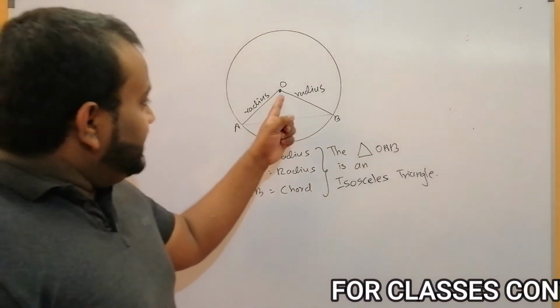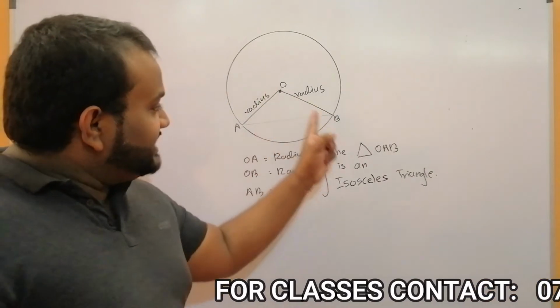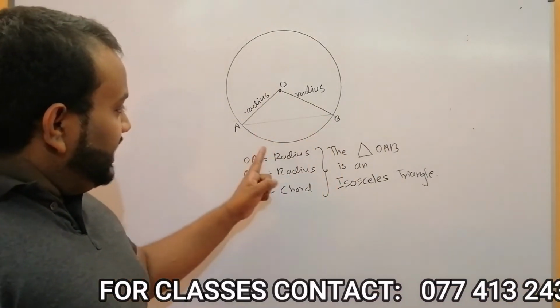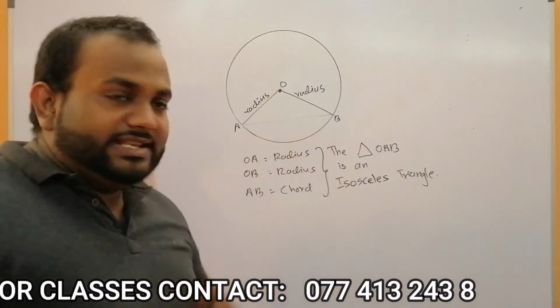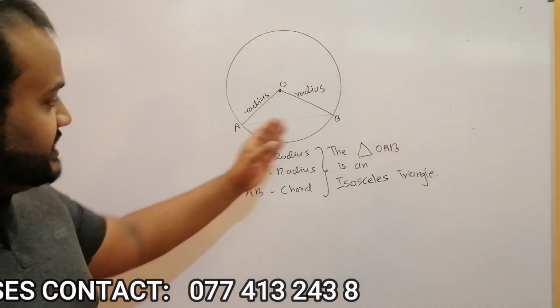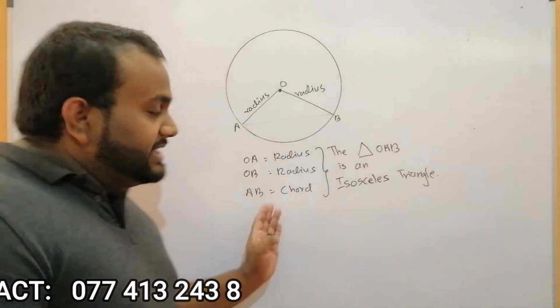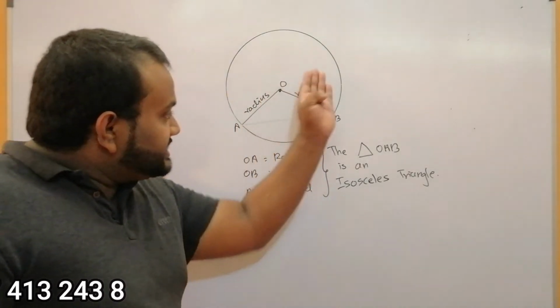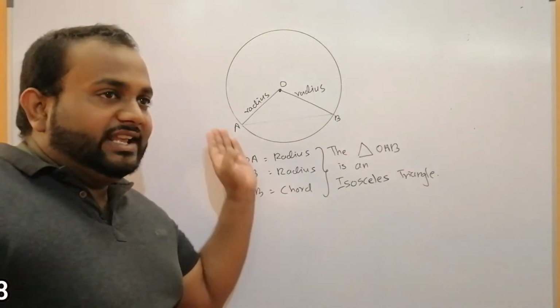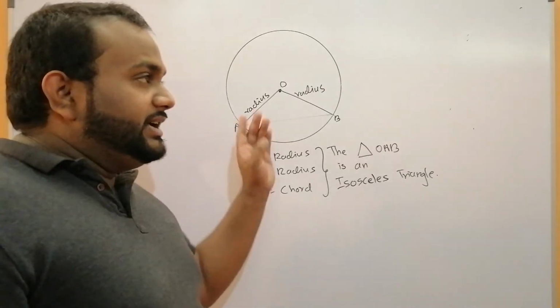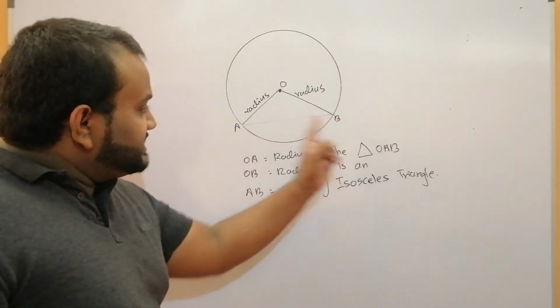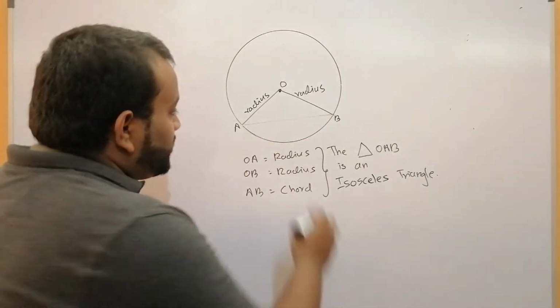Why? From the center it touches the circle. Therefore, OA is a radius, OB is also a radius. What can you say about AB? AB is a chord. It does not go through the center, but touches 2 points of a circle, which makes it a chord.